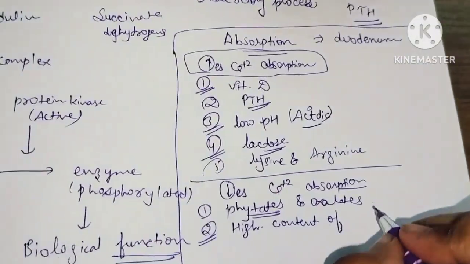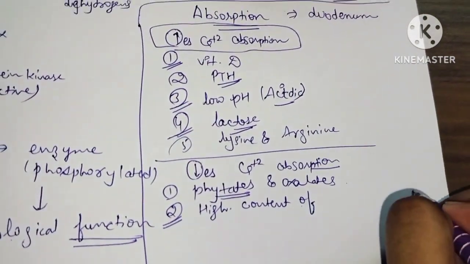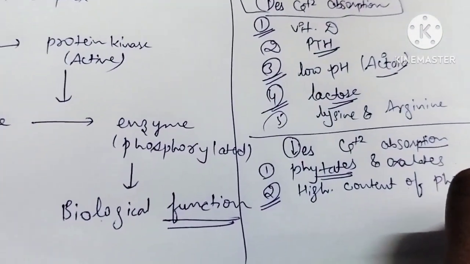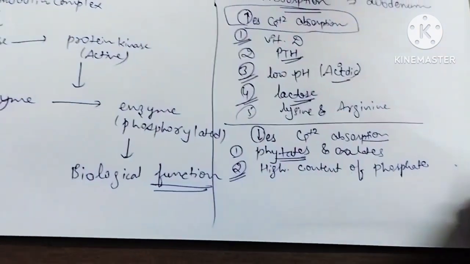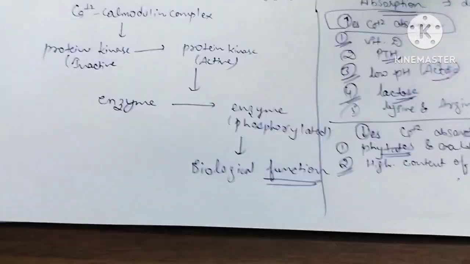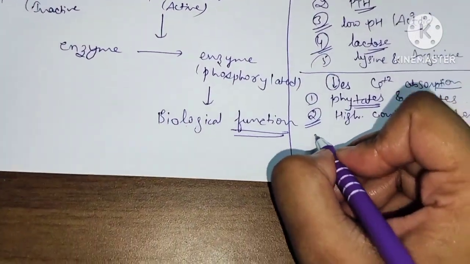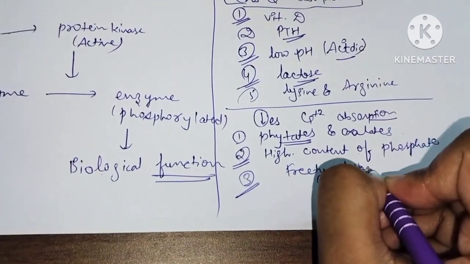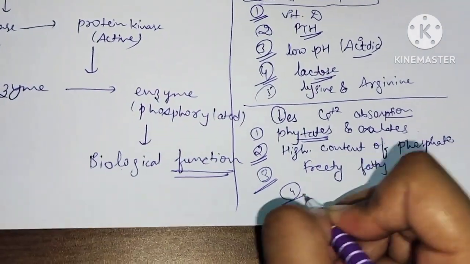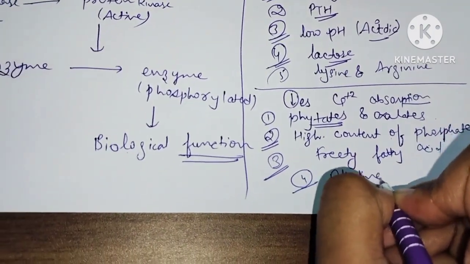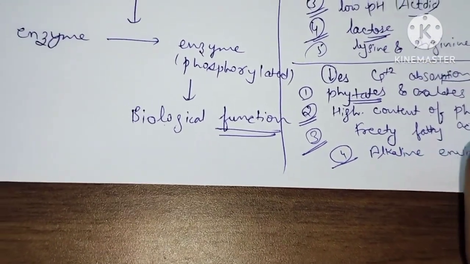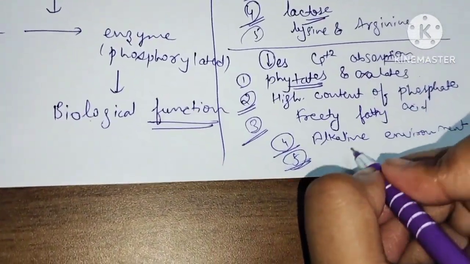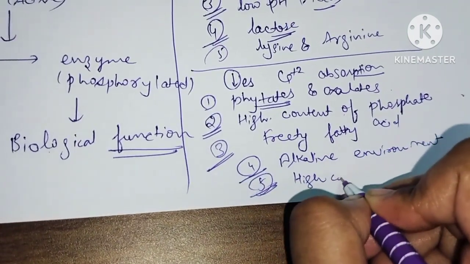Actually, high dietary phosphate forms insoluble calcium phosphate salts, and it prevents calcium absorption. Third is free fatty acids, they also form insoluble salts. Fourth is the alkaline environment, meaning high pH, it is also unfavorable for calcium absorption.